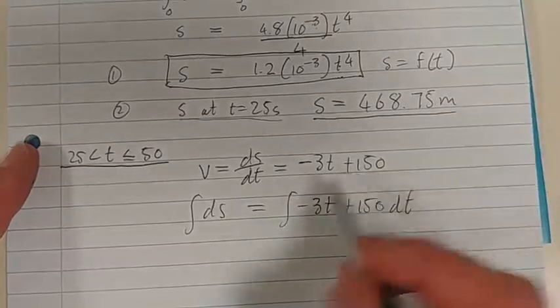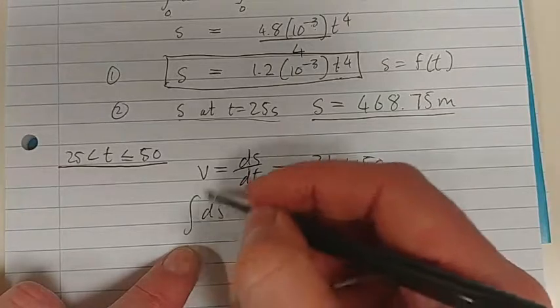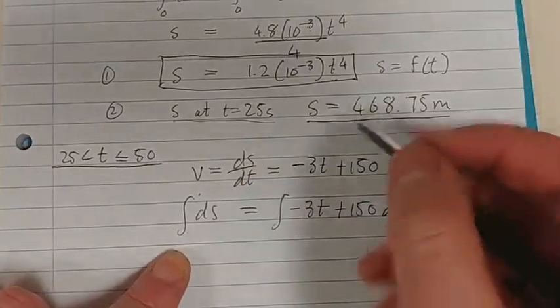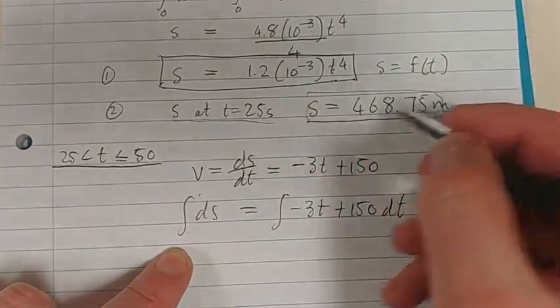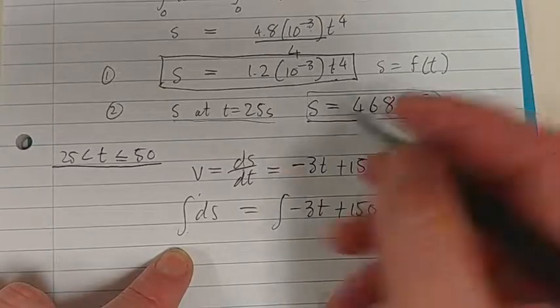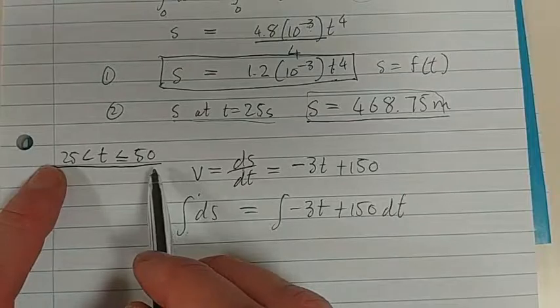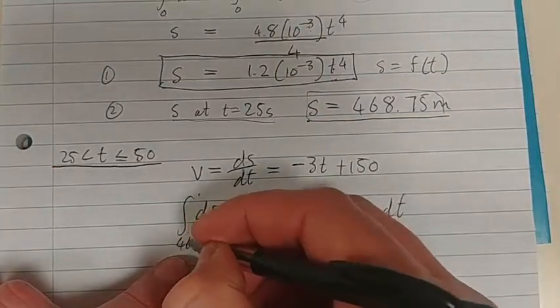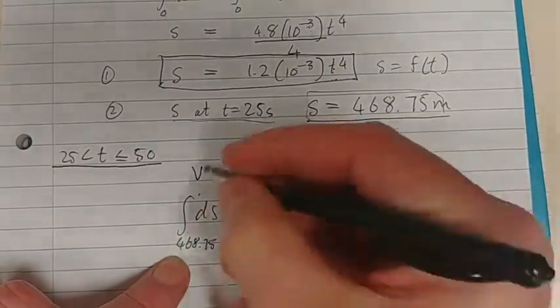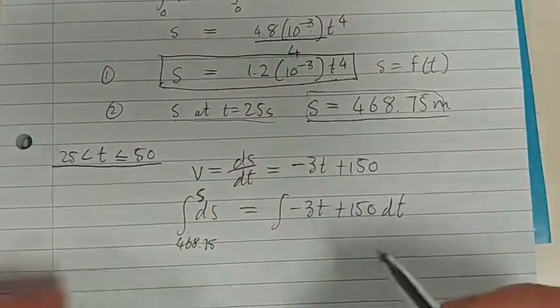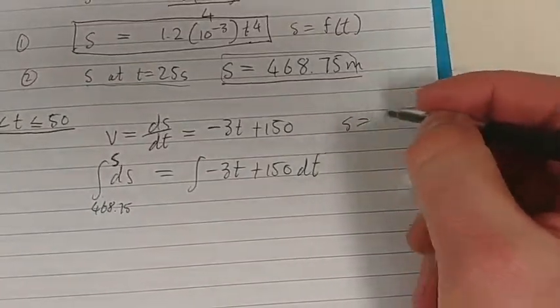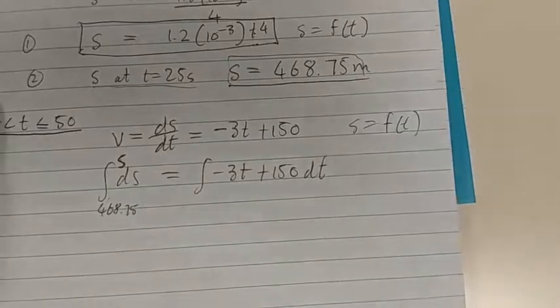We separate variables. Now, what are my limits here? Well, this now forms my initial position during the second time period. So I have to put 468.75 there, and s, because again, I want s as a function of time.